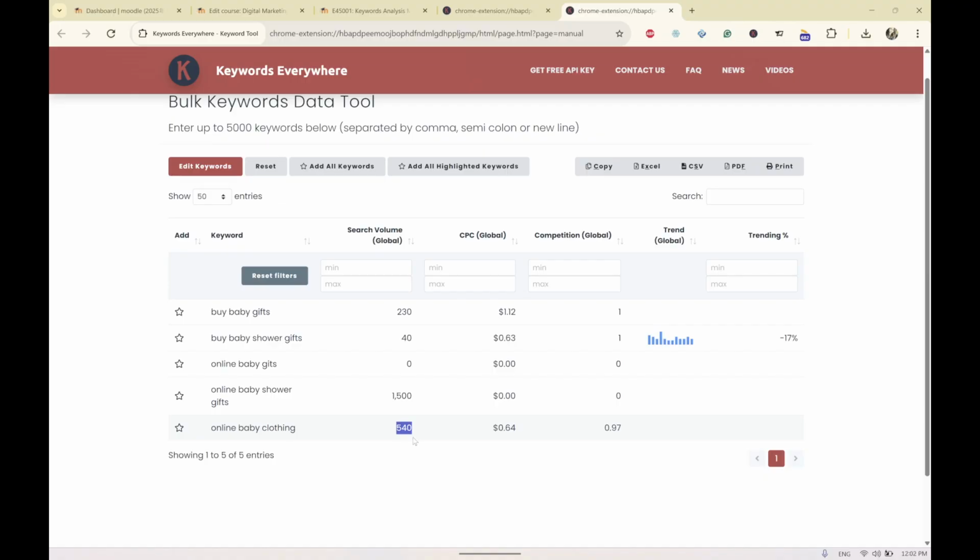Even though it is a long keyword compared to just baby clothing, it's the same as buy baby clothing, three words. As you can see, it has an even higher search volume than the other three-word keywords, and a relatively lower CPC than other keywords. So there is very high competition between the businesses to bid higher on buying baby gifts, right? That's quite interesting.